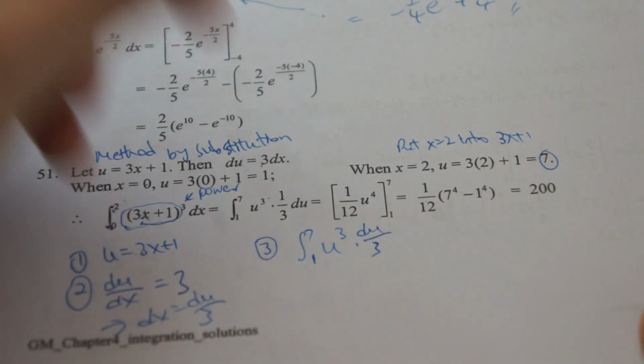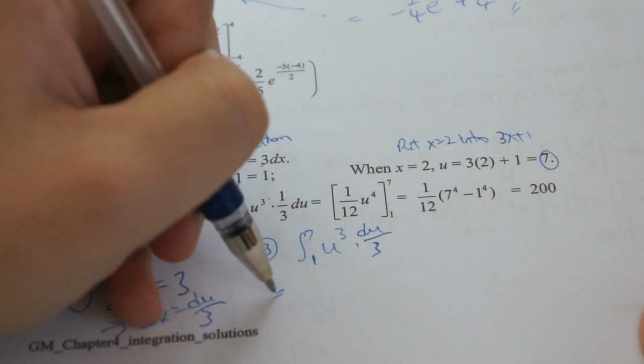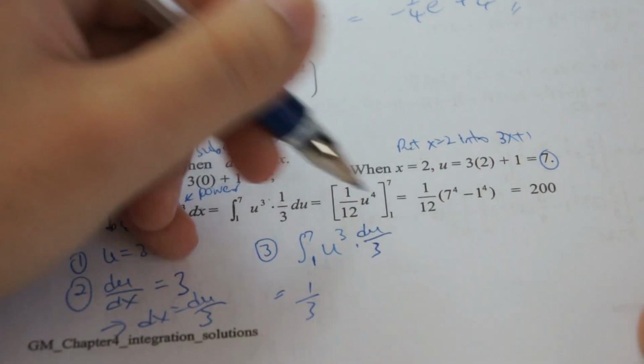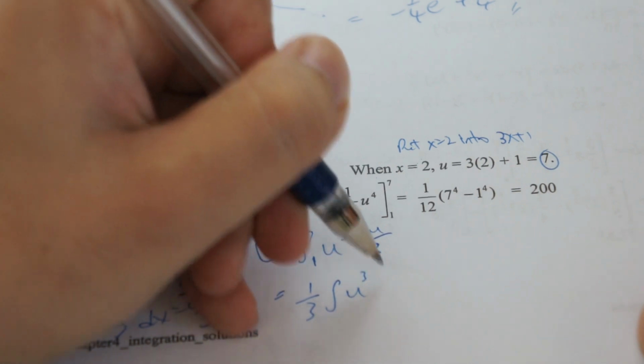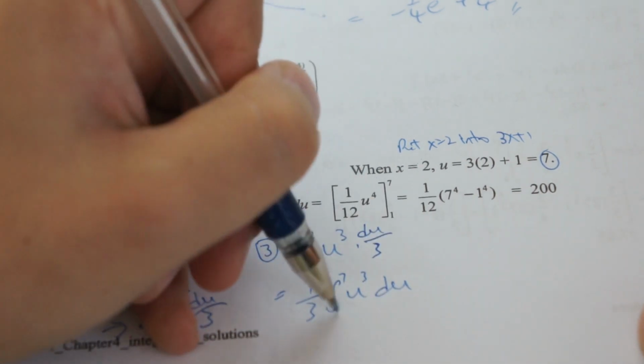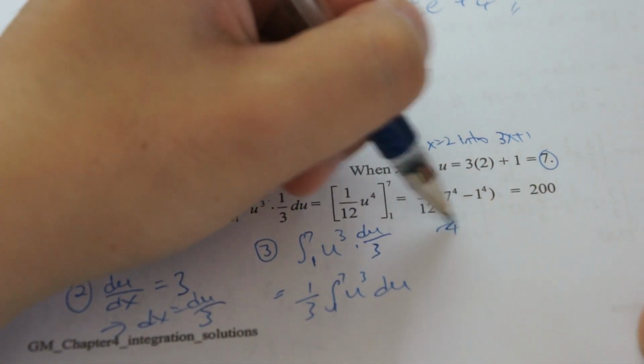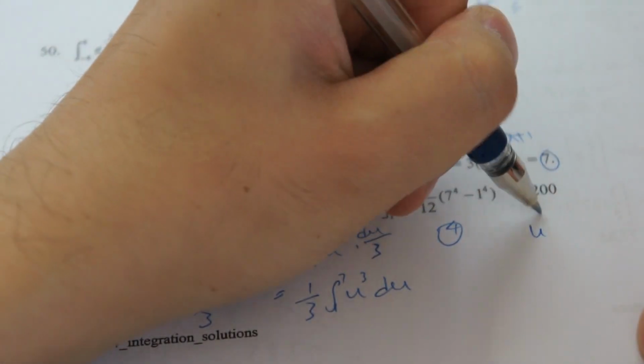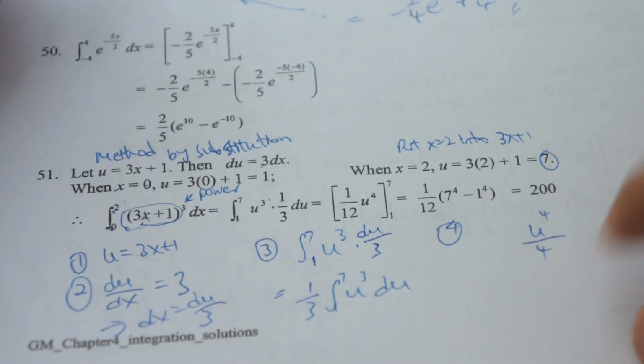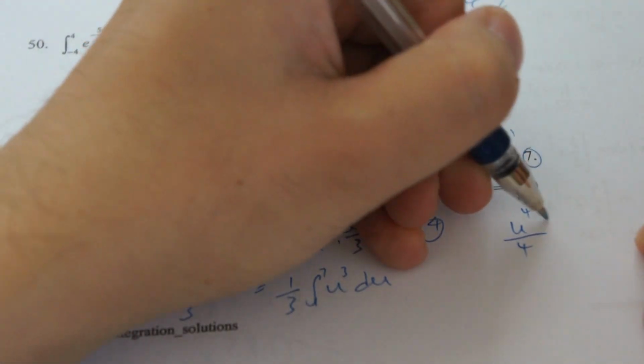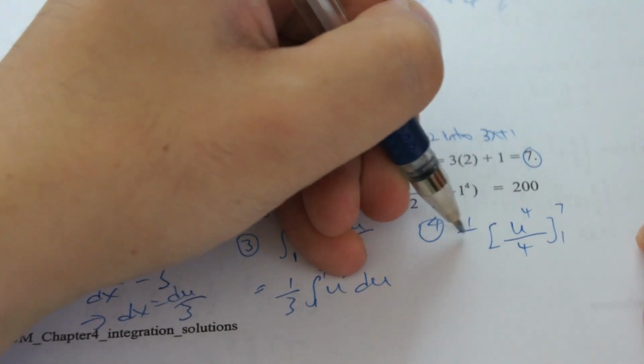And then the following steps, you do the same thing: take out the 1 over 3, and integrate u to the power of 3. In step 4 it becomes u to the power of 4 divided by 4, from 1 to 7, with 1 over 3.